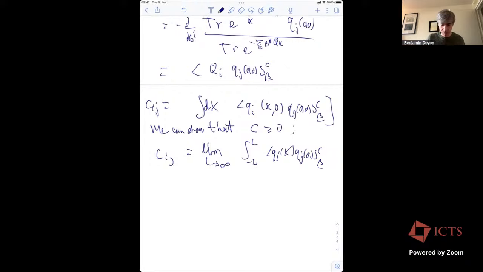And because of translation invariance, it's the same thing as the limit when L goes to infinity of 1 over L, integration over x and y of Qi of x, Qj of y connected.